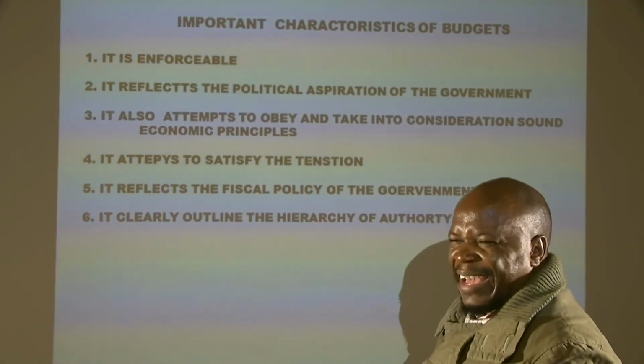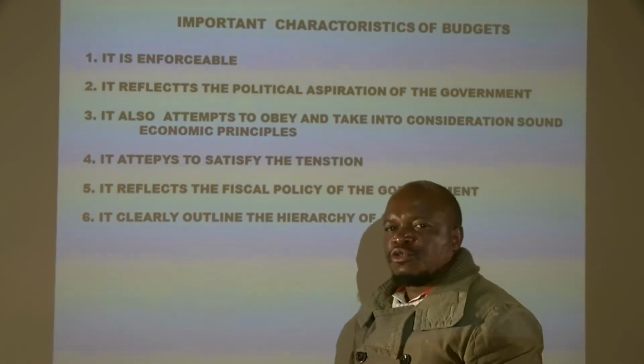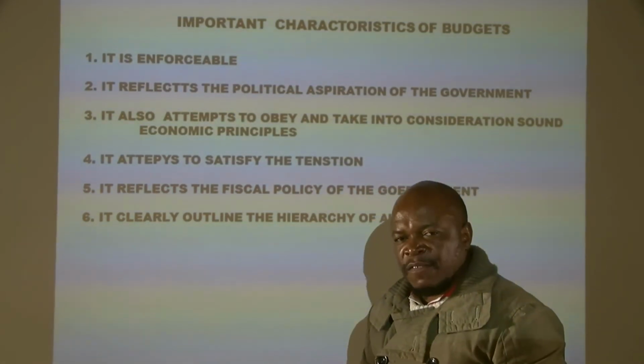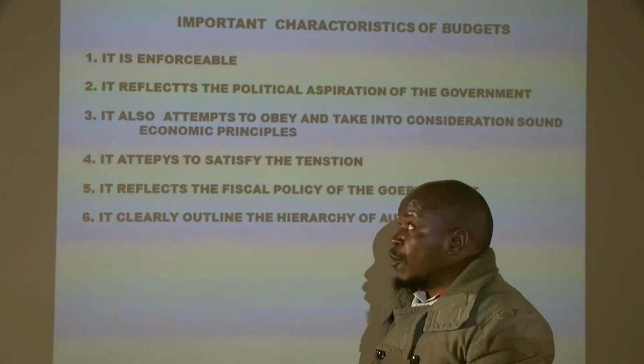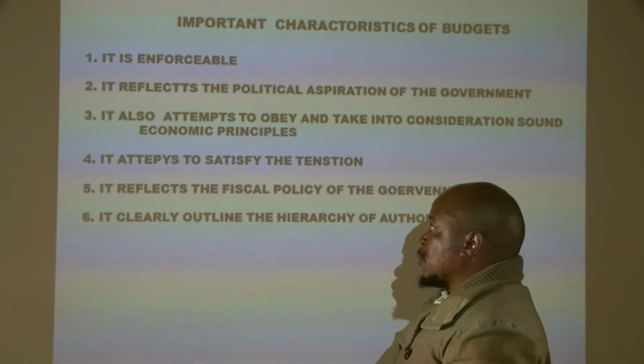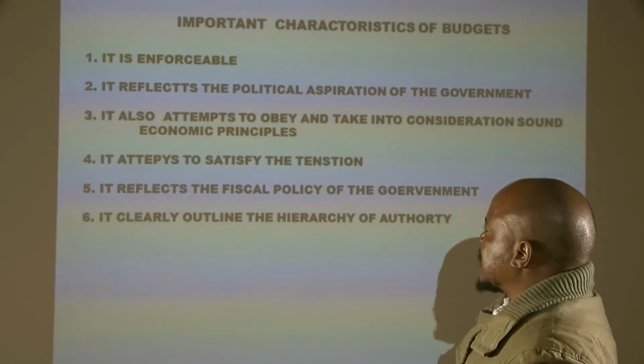Also, if we want to have a black-run economy, we need to train a lot of managers. We want to have an agricultural sector which is run by black people. Also, we need to train those people.